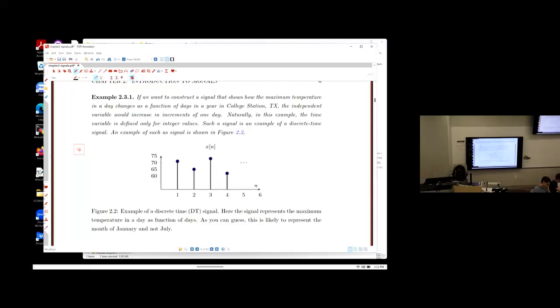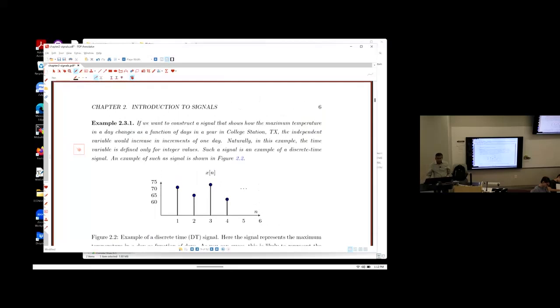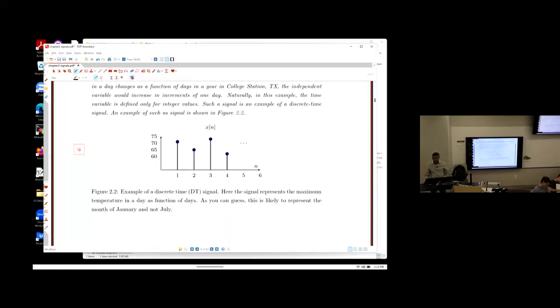I think I mentioned this earlier. I really like drawing things. I think it's very insightful to draw things. Whenever you can sketch signals, you should approximately try to sketch signals. So if we were to sketch a discrete time signal, a discrete time signal would typically look like this.